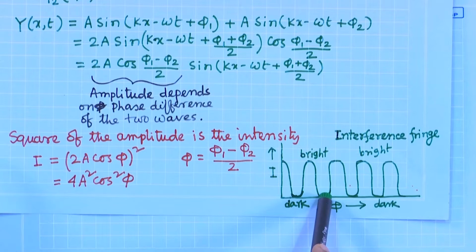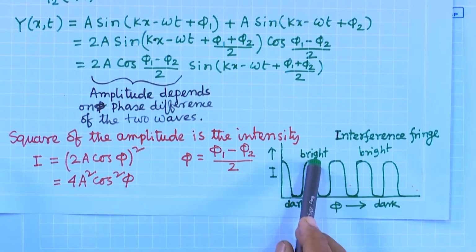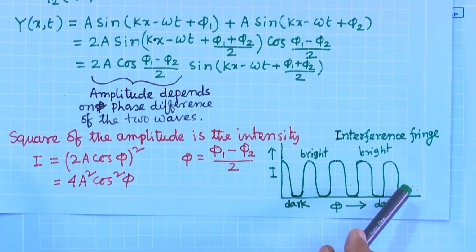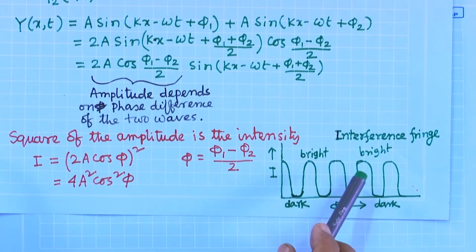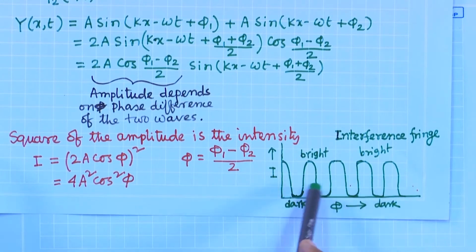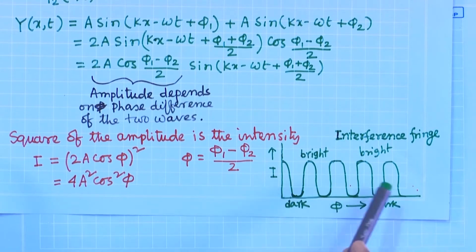You will not get 0 intensity, it will not look dark, you will only see some weak intensity and higher intensity. So, the contrast will not be better. We describe that in terms of visibility, so visibility will not be better. For better visibility, it is best if these amplitudes are equal.